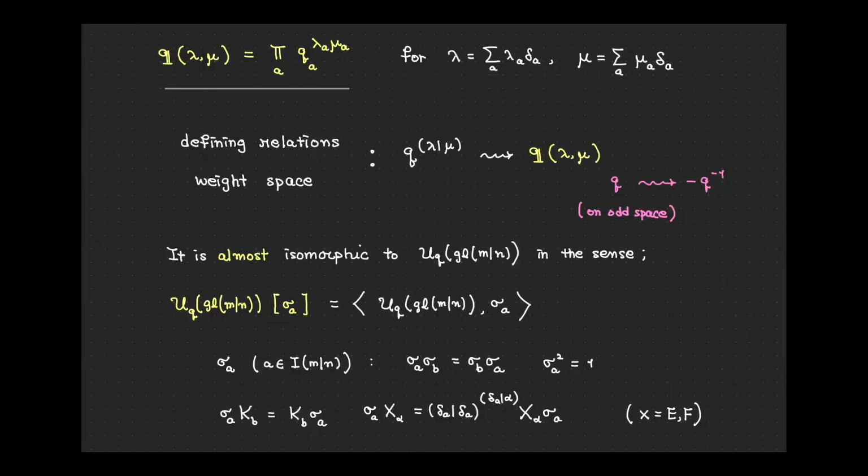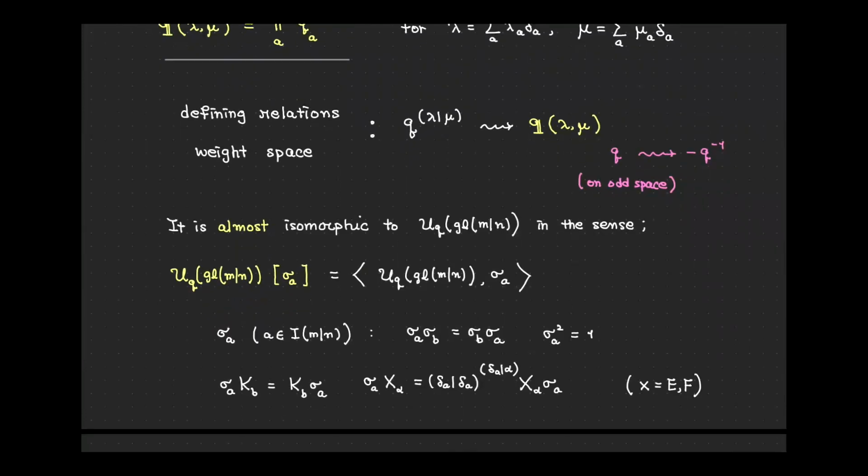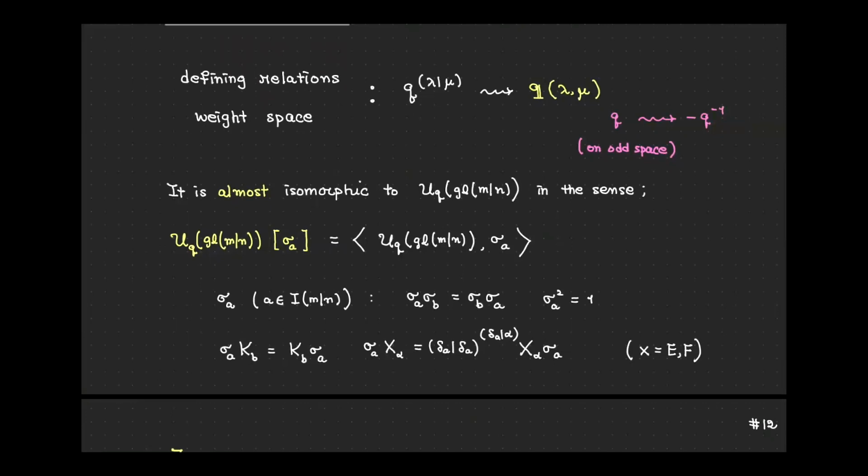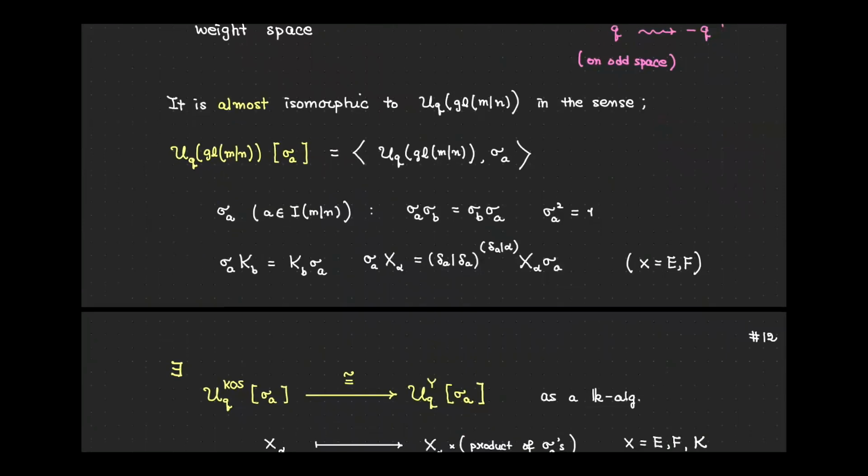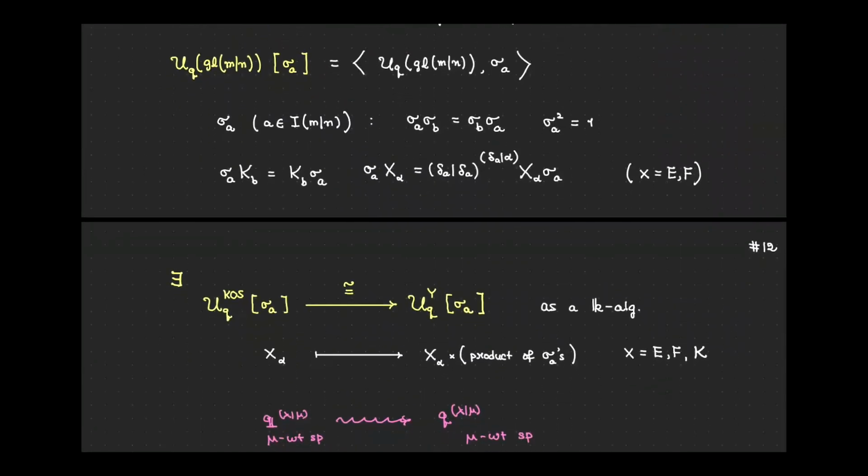So we consider some degree 2 generators parameterized by this index set, which are commuting and have very similar relations as in the case of the sigma in the previous slide. Then it can also be viewed as a twisted group algebra with coefficient of UQ-GLMN.